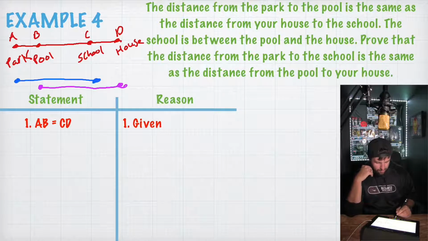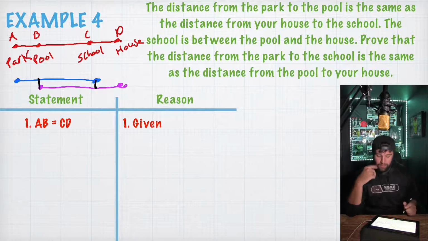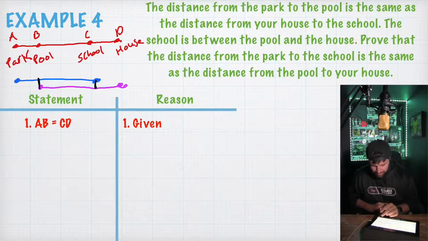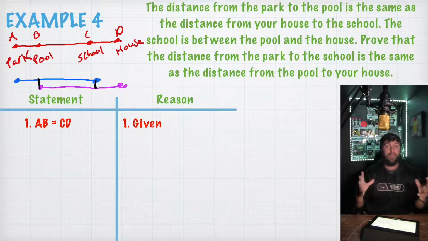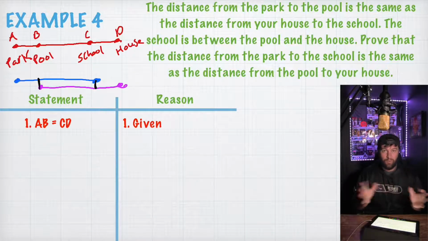If you look, they overlap from here to here, which means that is the same distance. We know these two sections are the same because that's given to us in the beginning. So somehow we have to figure out how to remove that middle section logically, so we don't just throw random things out there.